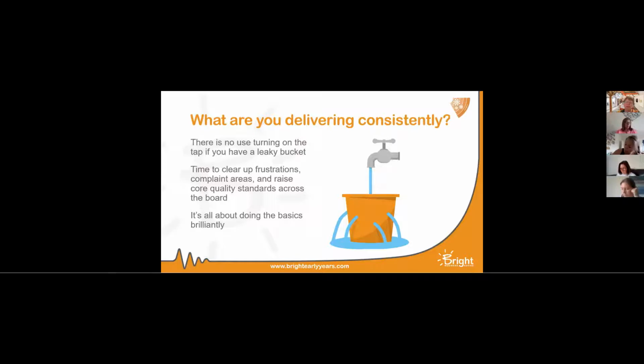Because once we know we've got this smooth running machine, then we can replicate that and make sure that the systems are all recorded as well, so that when staff change, when things change, we've still got the systems in place. That's the consistency that comes from that.